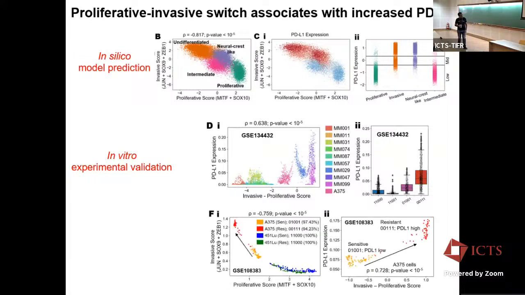You can also look at these kinds of experiments where people generated sublines by continuously treating cells with a given therapy, and you can notice that whenever cells move from sensitive to resistant phenotype in the BRAF inhibitor, they are also gaining PDL1 high. So what seems to be happening here is that this is what is cross resistance.